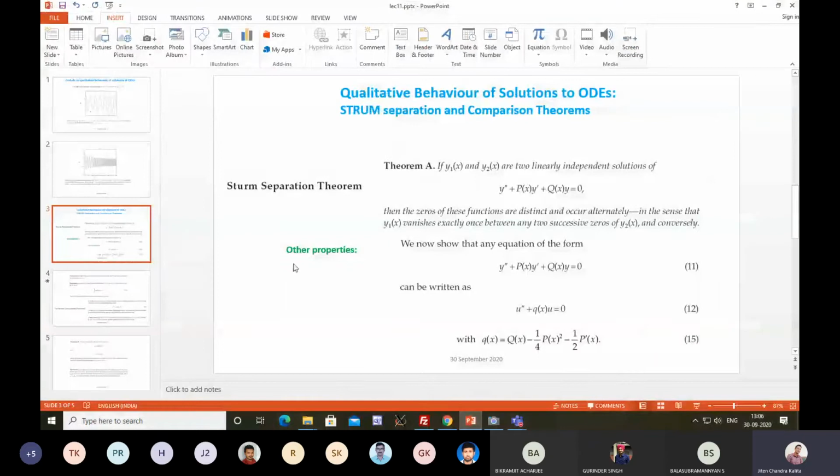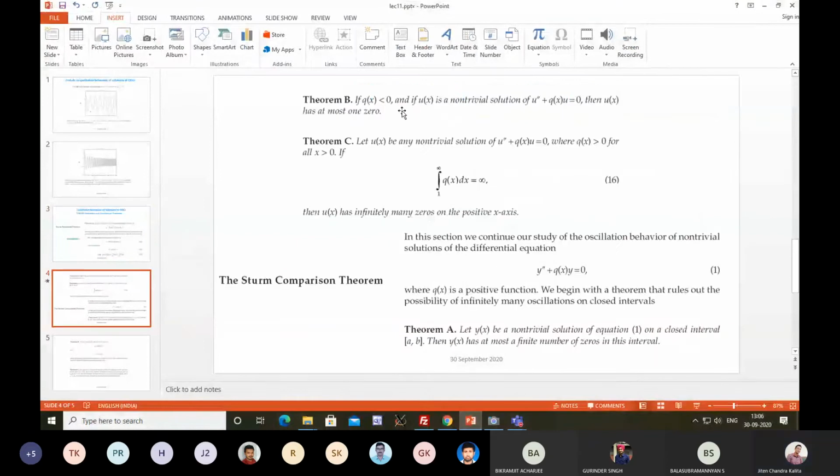This is very straightforward, this second theorem, theorem B. Please have a look at that. For the time being, let me just erase the board.